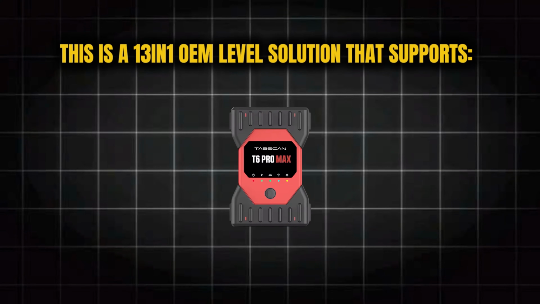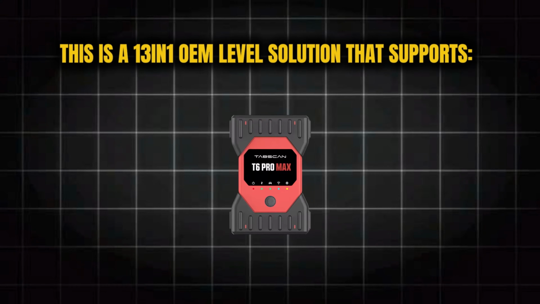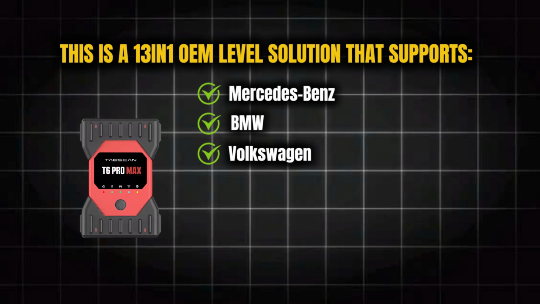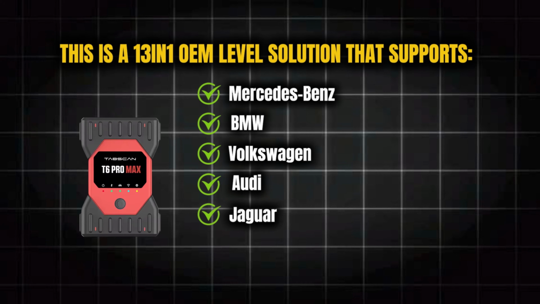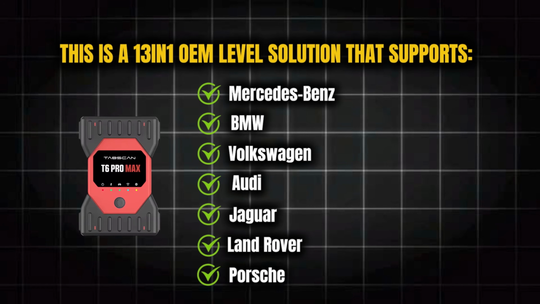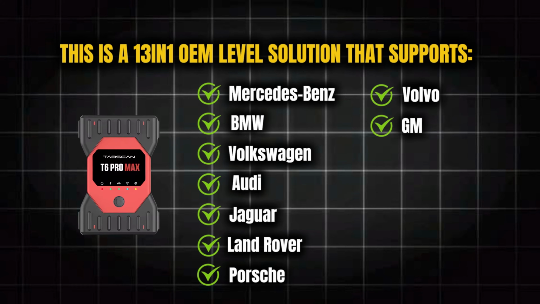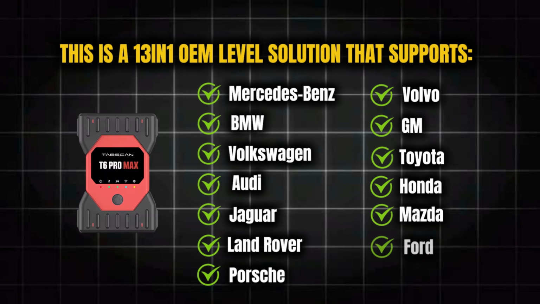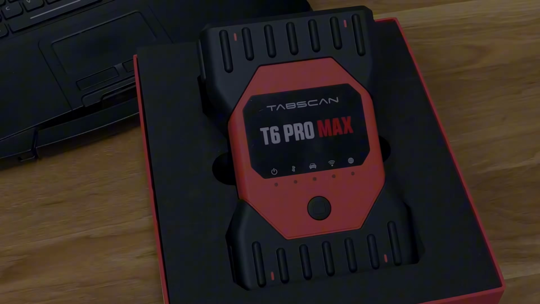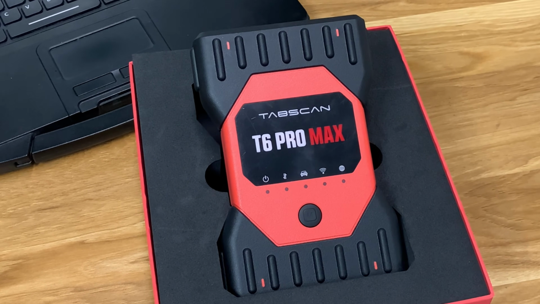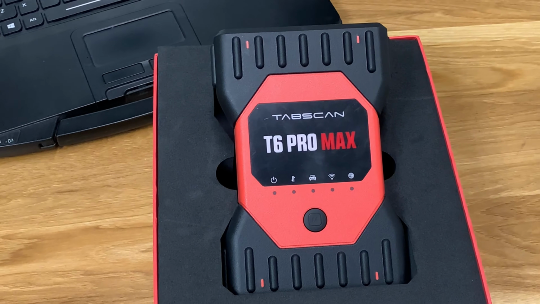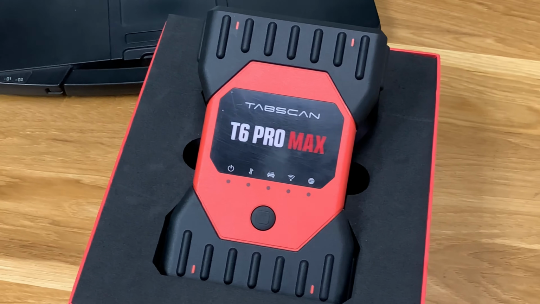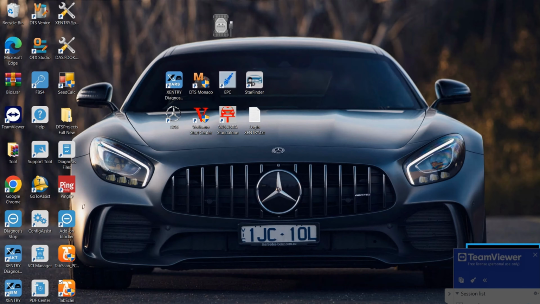This device supports multiple OEM platforms, including Mercedes-Benz, BMW, Volkswagen, Audi, Jaguar, Land Rover, Porsche, Volvo, GM, Toyota, Honda, Mazda, Ford, and more. It works directly with their original diagnostic software through J2534, D-PDU and DoIP protocols. In today's video, we'll start by testing it with the Mercedes software.